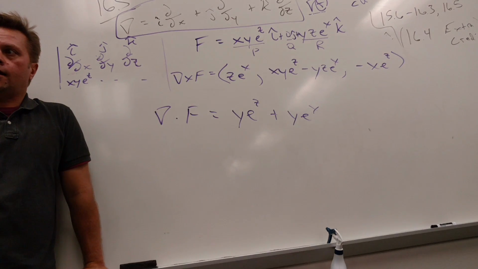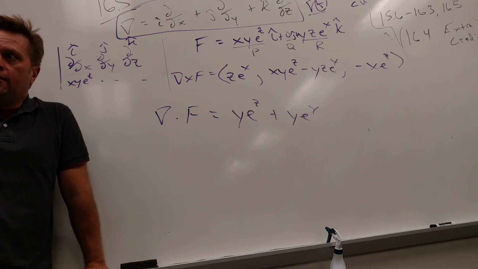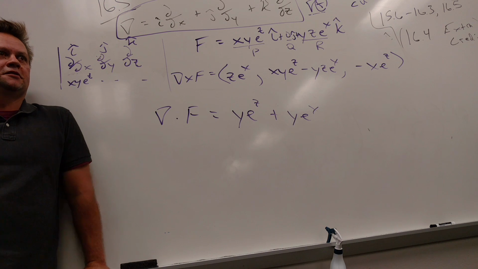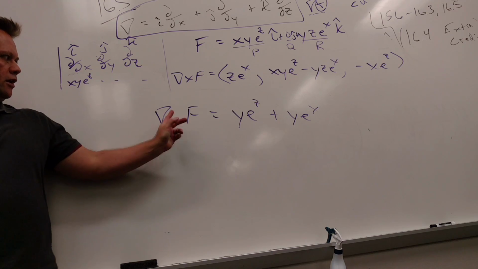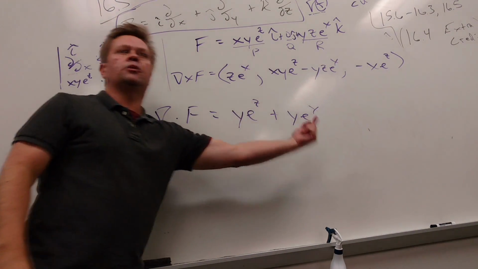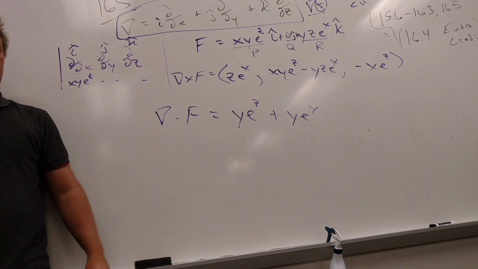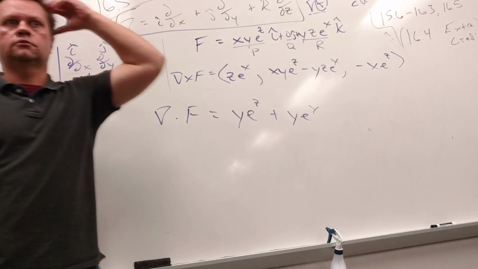The divergence is a dot product, so the answer cannot be a vector. I like it. It's a very quick check you can make for yourself. Dot product answer better not be a vector. If you give me y and z values, this is a number like it's supposed to be. Curl, cross product, better be a freaking vector.